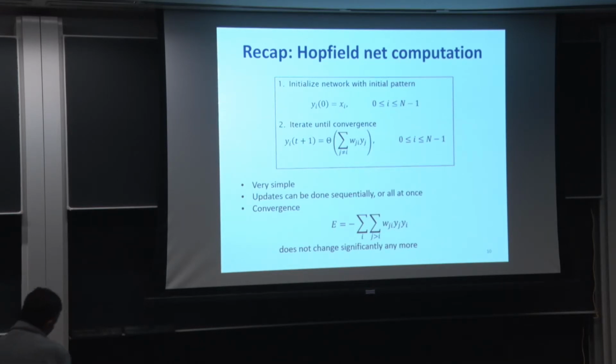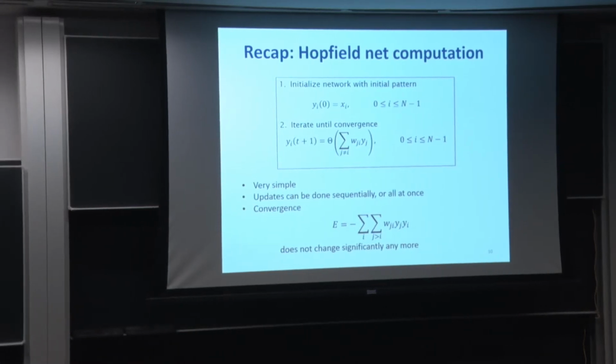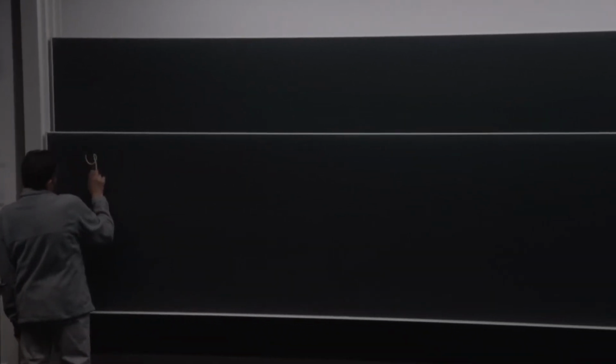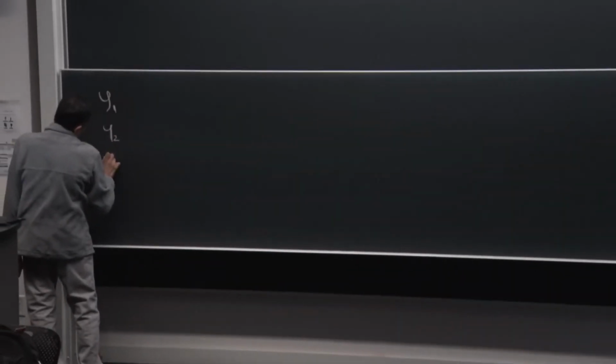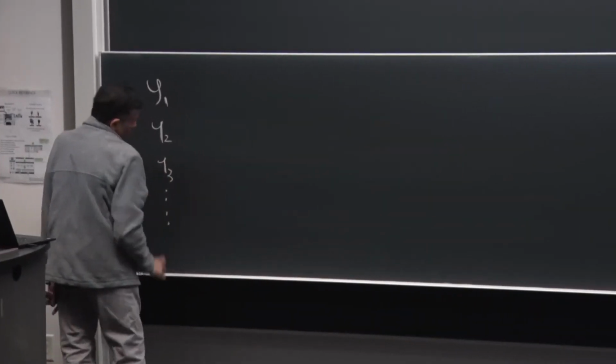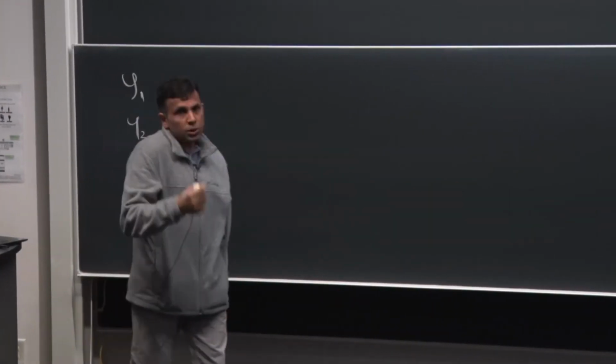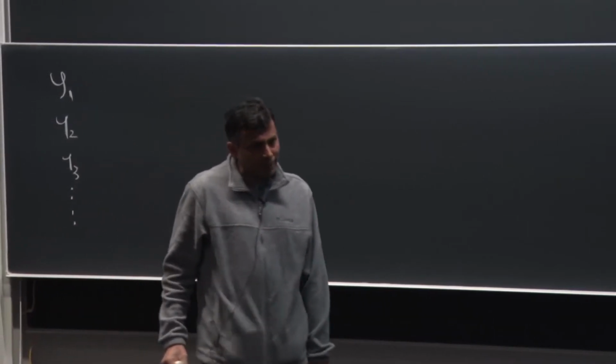So one thing that you might want to remember is that if I have the network, I can write the patterns, the outputs of each of the neurons, as a vector.